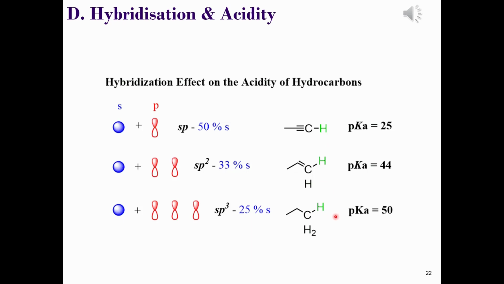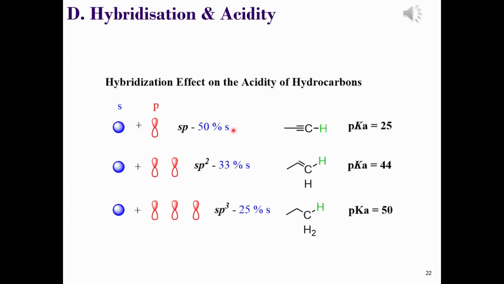When making comparisons, we're keeping everything the same. That's the atom to which our acidic proton is attached, and the null possibility of any resonance or inductive effects. The only thing that changes is the hybridization of the atom to which the proton is attached.